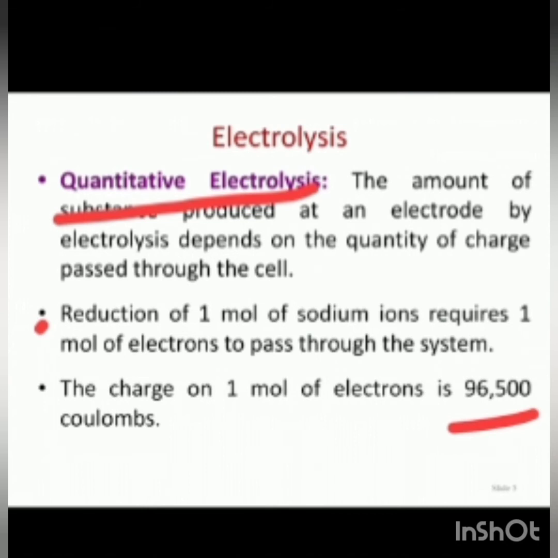Commonly, it is called Faraday's constant. The exact value of Faraday's constant is 96,487 coulombs, but for calculation purposes, it can be considered approximately 96,500 coulombs.